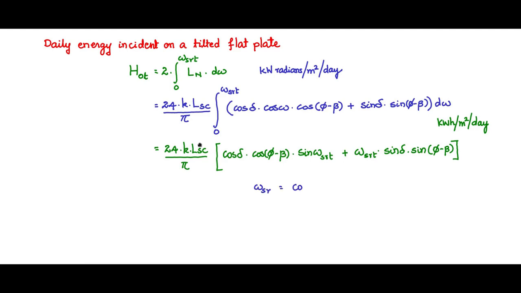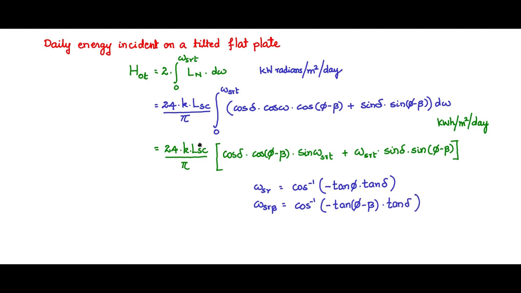Now omega_SR with respect to the horizon of the place, we know, is given by cos inverse of minus tan phi tan delta. Now if you take the tilted horizon, and I will call that one omega_SR beta, the horizon that is tilted at an angle beta, which we saw in the profile of the merged coordinate system, you will see it having a value cos inverse of minus tan(phi minus beta) into tan delta.